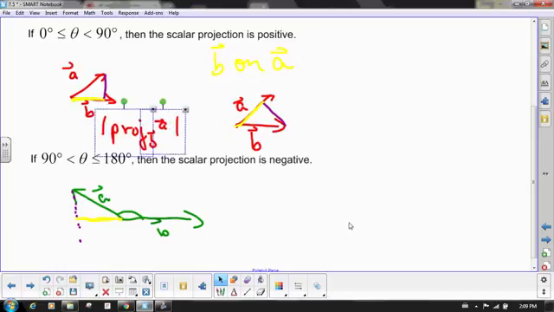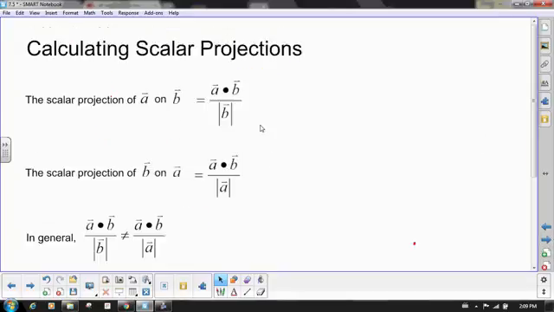That would be the notation because it's A onto B. The B is down below. Now how do we actually figure out this numerical value? Of course we have a formula. The scalar projection of A onto B is the dot product divided by the magnitude of B.